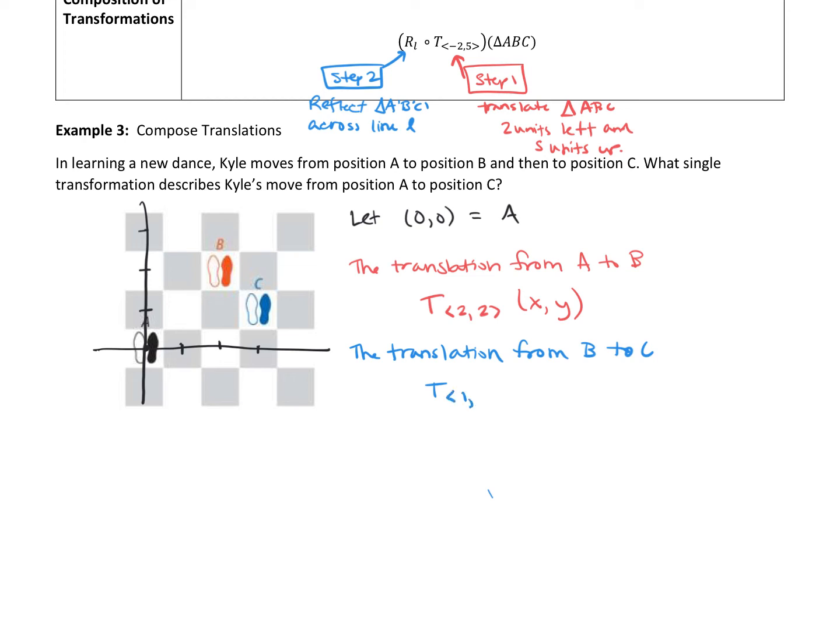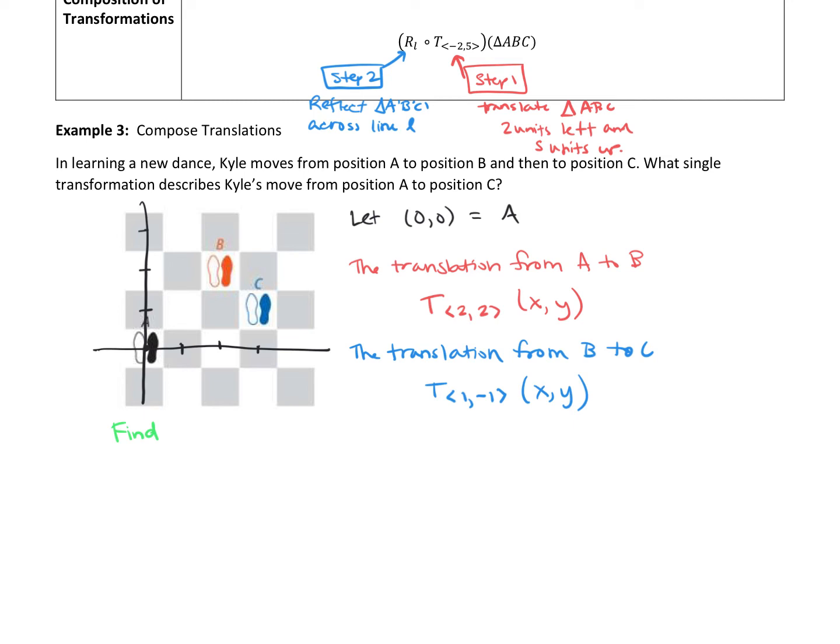We would add on to our x's and then subtract one for your y. So to the right one, down one of all of those ordered pairs. So those are the two translations separately, from A to B and then from B to C. What we need to find is the composition of those.